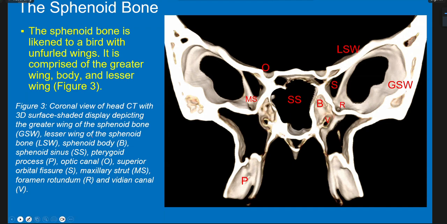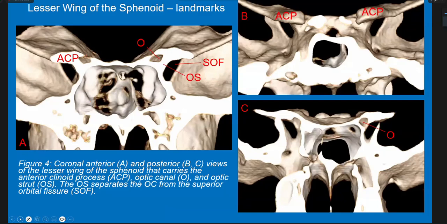So the important landmarks for the lesser wing of the sphenoid, you have the anterior clinoid process. Again, you have the optic nerve impression, the optic canal. We have the superior orbital fissure. And the superior orbital fissure is separated from the optic canal by this piece of bone.